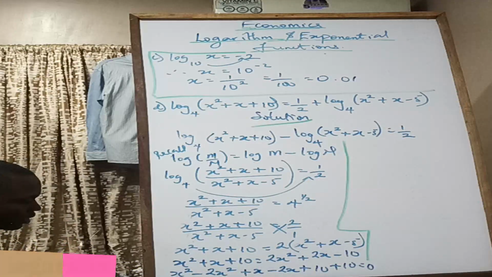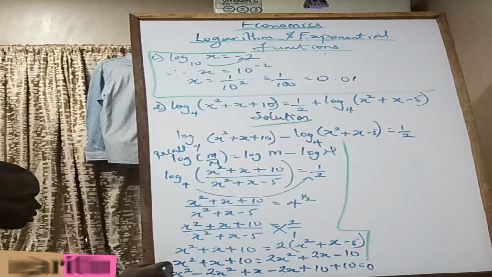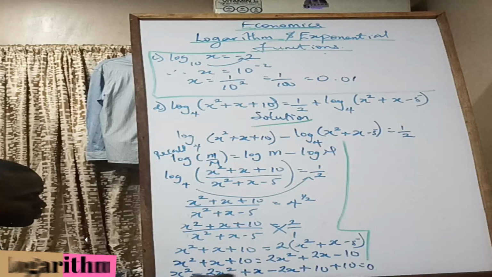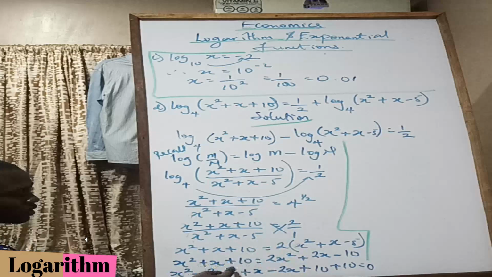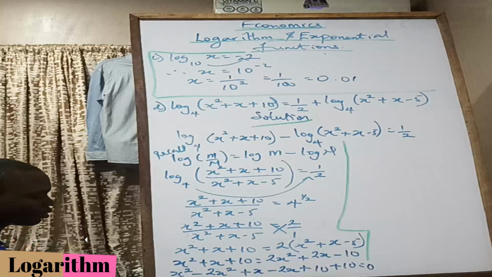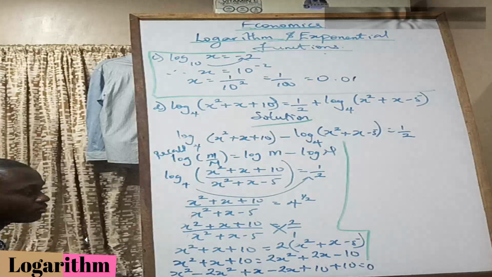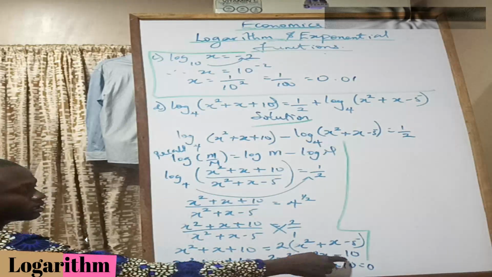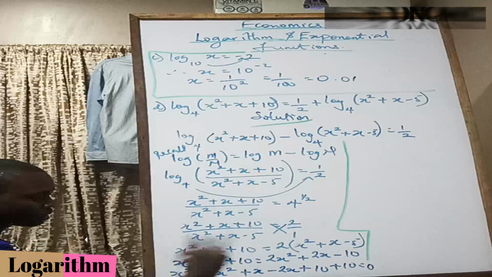So x squared minus 2x squared, then plus this x minus, when this one jumps over here, becomes minus 2x, plus 10, then minus 10 comes here, becomes a plus 10 as well. So don't just rush and say 10 cancels 10, thinking that it's going to become 10 minus 10. It's not 10 minus 10, it's 10. And when minus 10 comes here, it's like plus 10 plus 10.